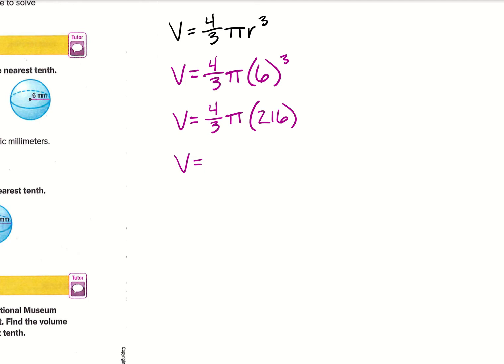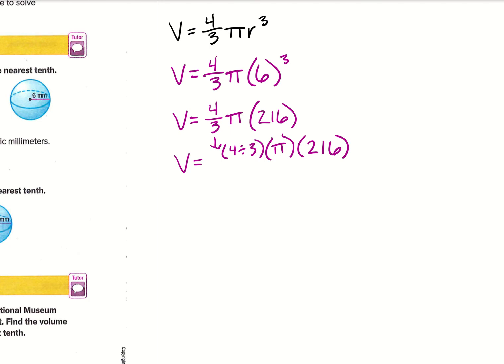For 4/3, in my calculator I'm going to do 4 divided by 3 to start. And I'm going to do times pi, or 3.14 for our purposes. I'm just going to type it in as I talk.